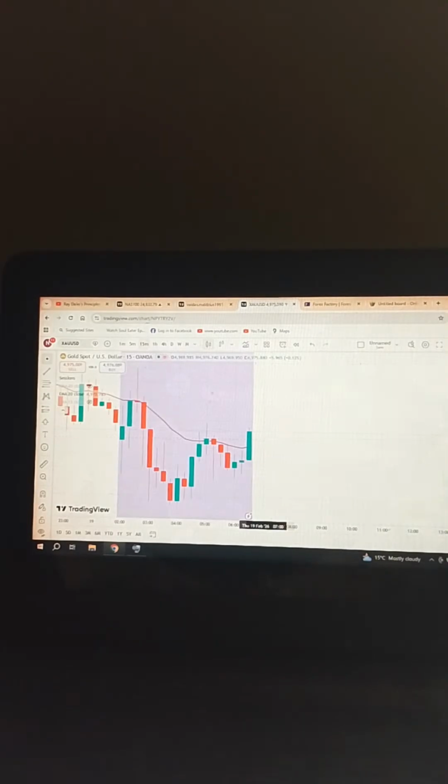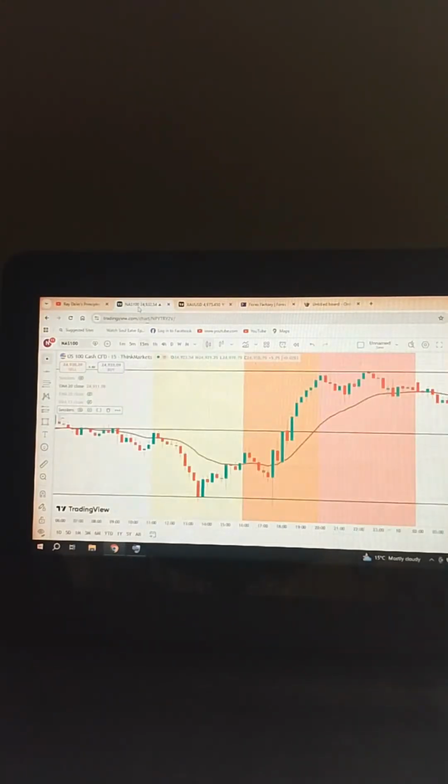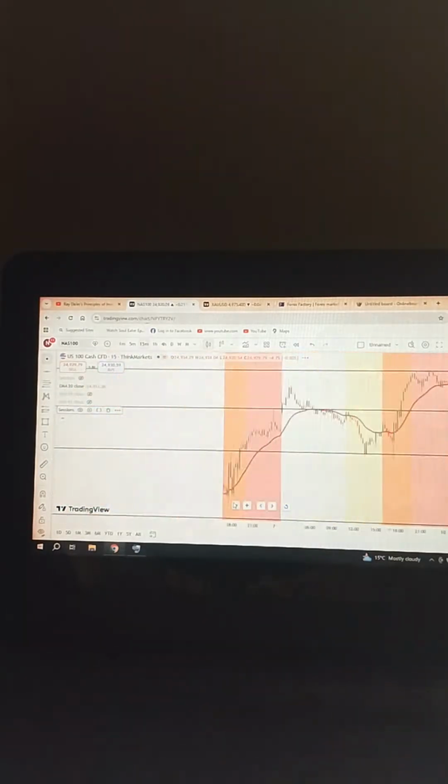So we're waiting for this. I always want the market to cross above the 13 MA here so that it can convince me to buy.